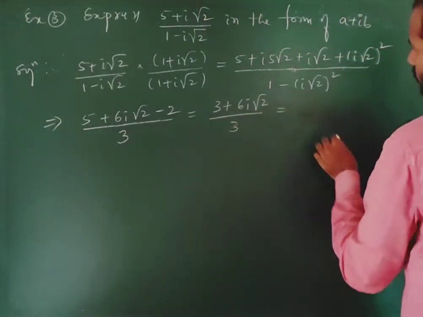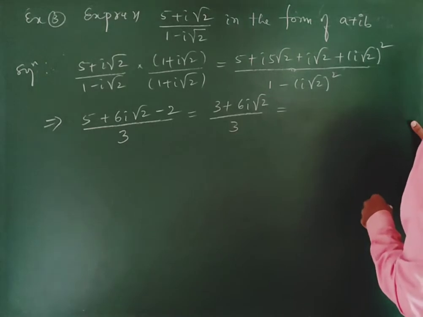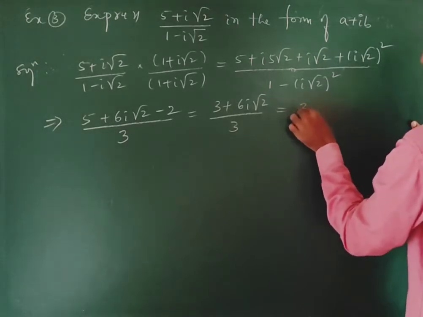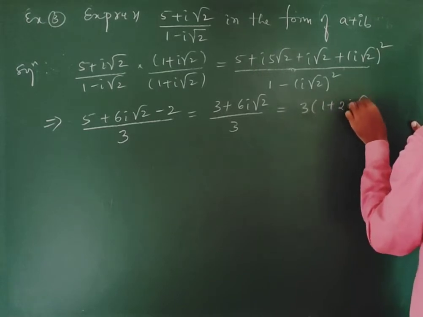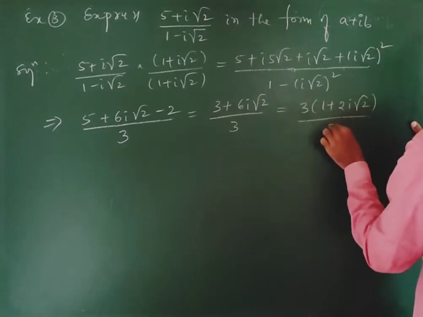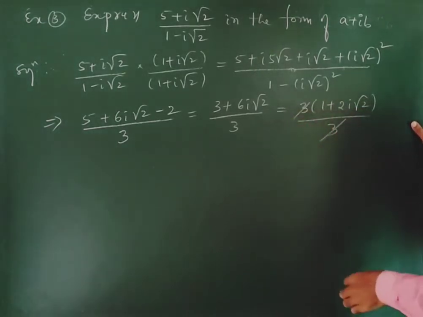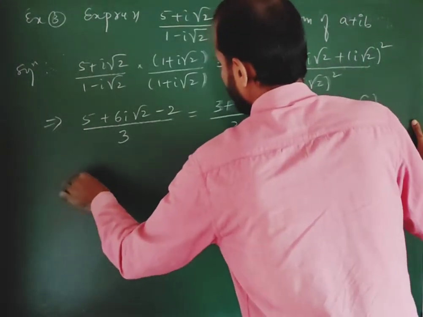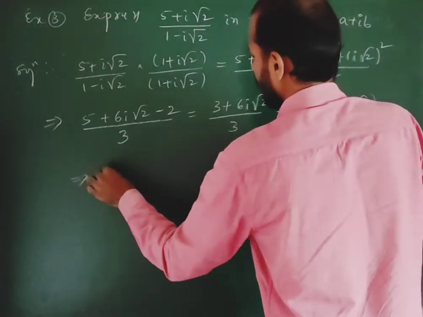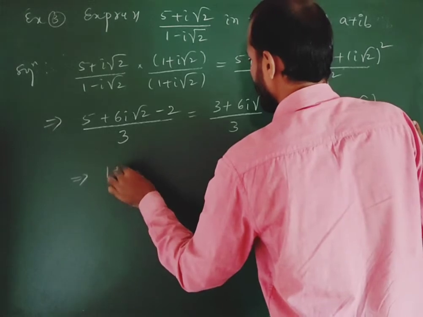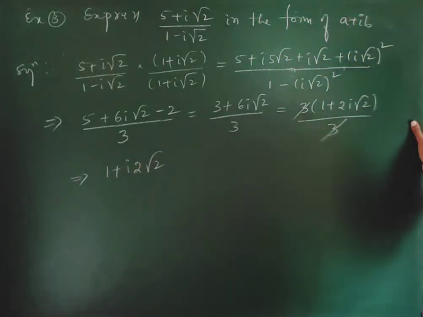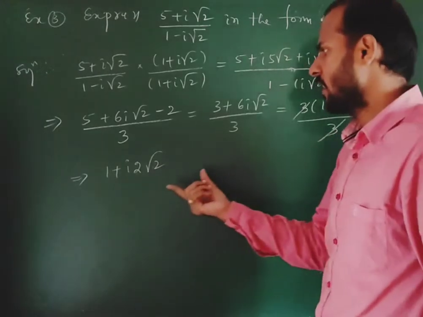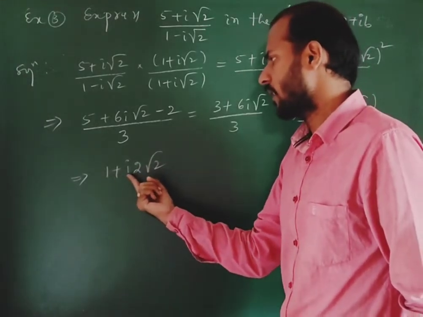Now, take 3 common. In the numerator what we get? 1 plus 2i root 2 upon 3 here. 3 gets cancelled. The remaining term is 1 plus i 2 root 2, which is nothing but your required a plus ib form.